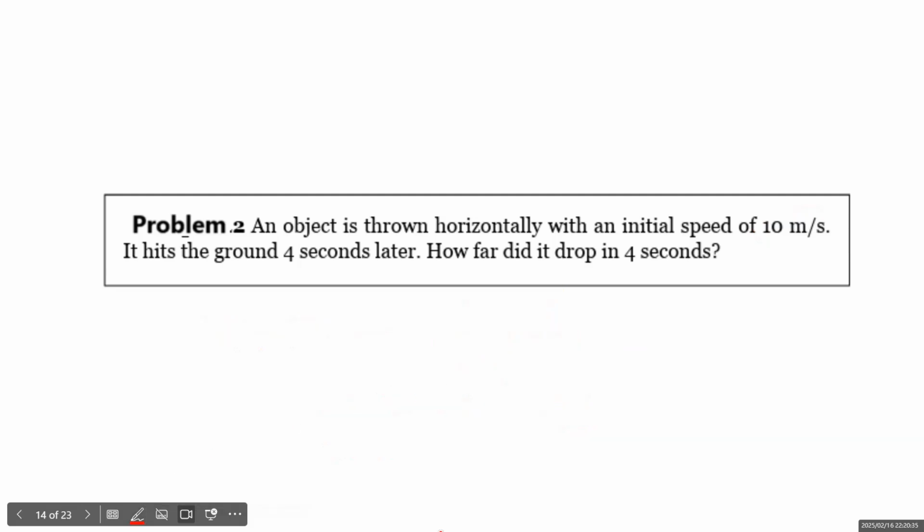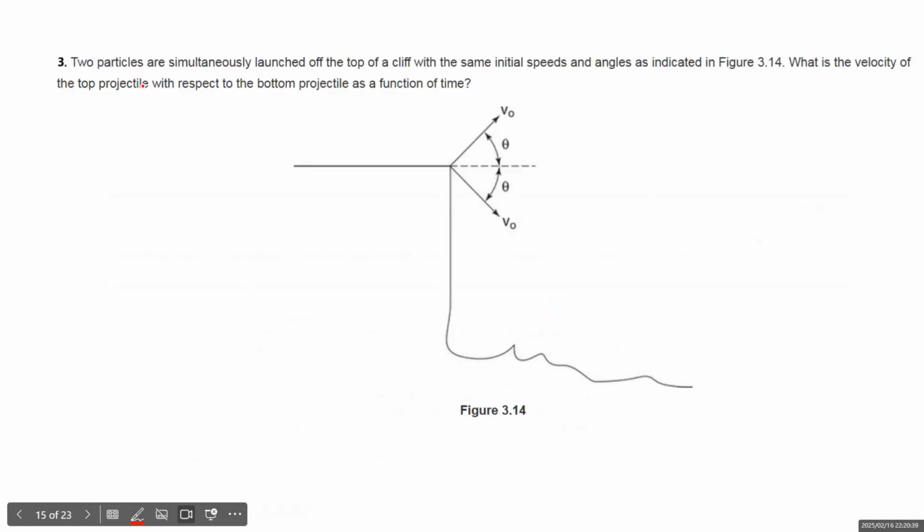And let's do one more. Two particles are simultaneously launched off the top of a cliff with the same initial speeds and angles as indicated in figure 3.14. What is the speed of the top projectile with respect to the bottom projectile as a function of time?